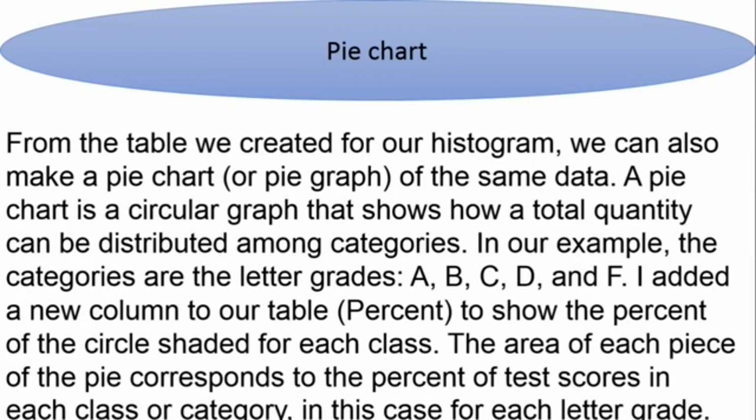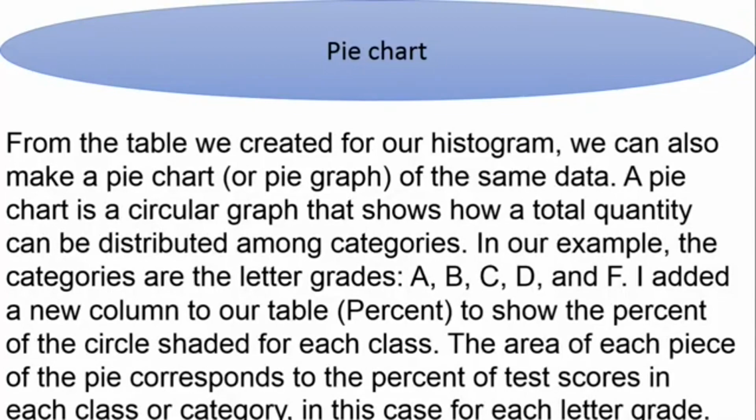I added a new column to our table, percent, to show the percent of the circle shared by each class. The area of each piece of pie corresponds to the percent of test scores in each class or category, in this case for each letter grade, as you can see.